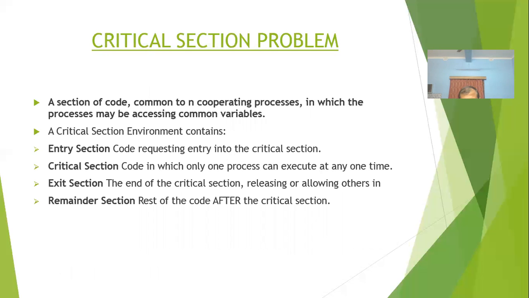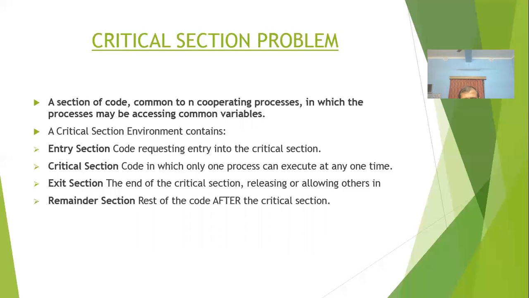Now basically, when there are multiple processes trying to execute concurrently, and they are trying to update a common variable, each of those separate programs or processes contains a certain section of code called the critical section, and only in that critical section does the process try to modify or update that common data structure.